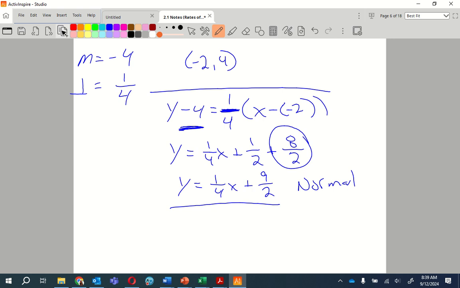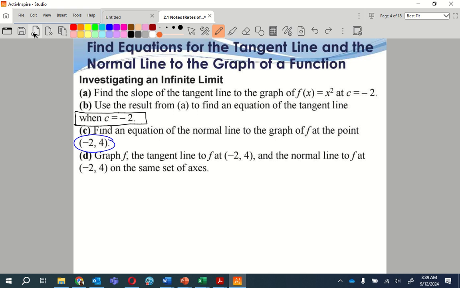Okay, can you go back a slide? When I'm done here, okay? Alright, so where am I at? I believe I did the normal, graph the tangent line to f at this, and the normal line at this. Yeah, can you graph it? It was the next thing. That's why I said go on.